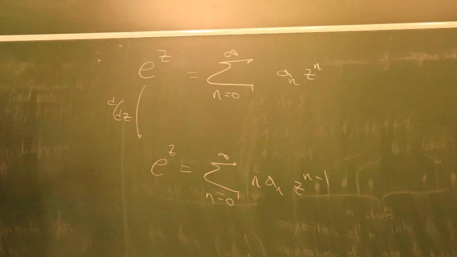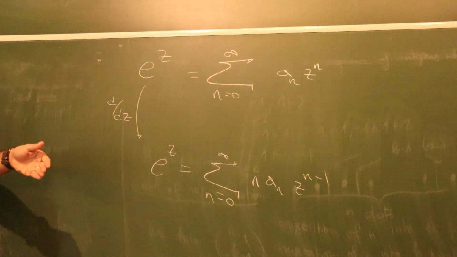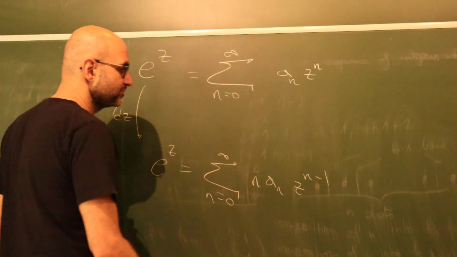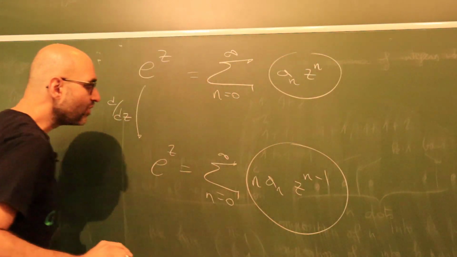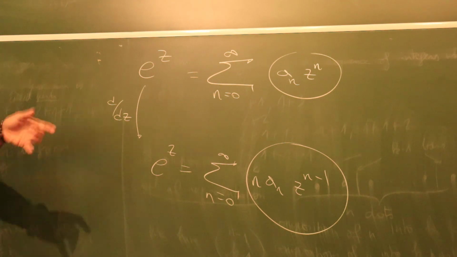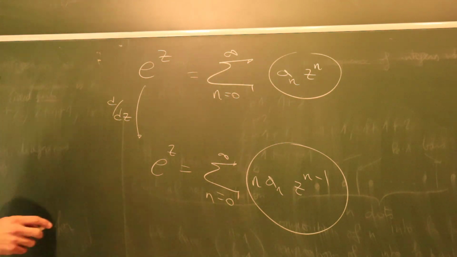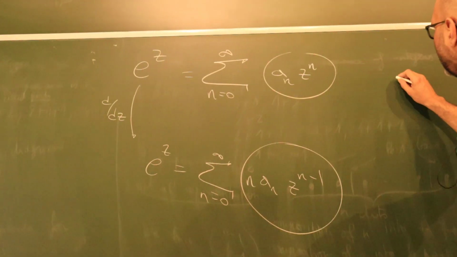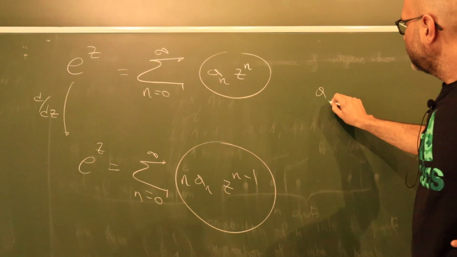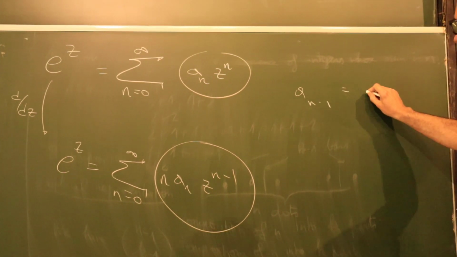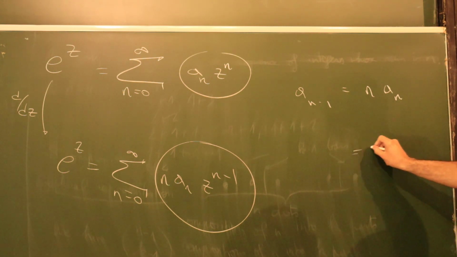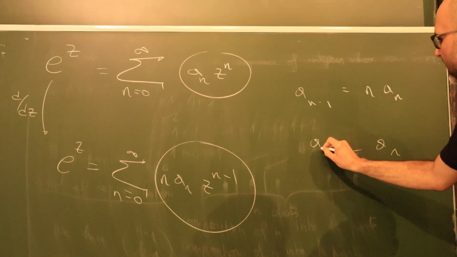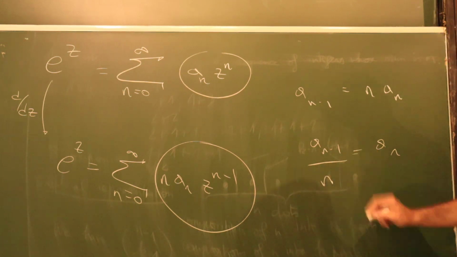And we know that once two power series are identical to each other, then the coefficients must agree. So if we adjust for the power of z here, we must have a sub n minus 1 equals n times a sub n. In other words, a sub n must be a sub n minus 1 divided by n.